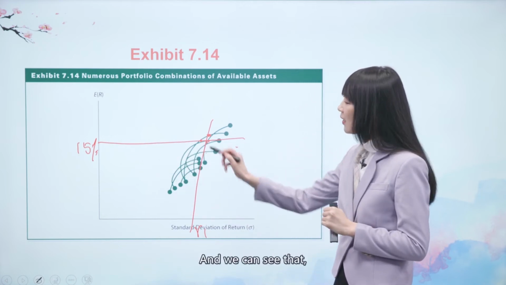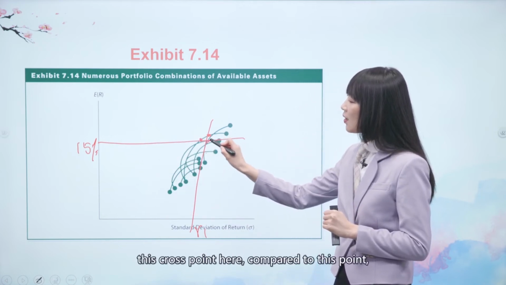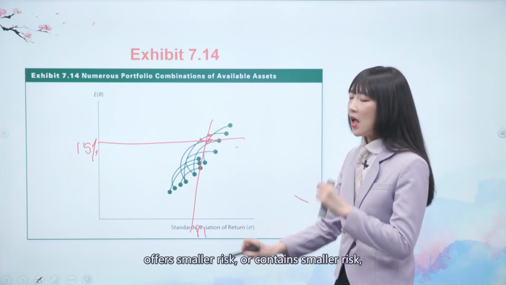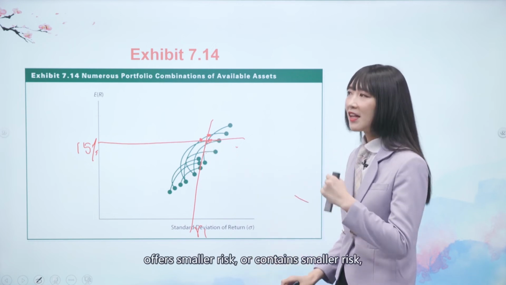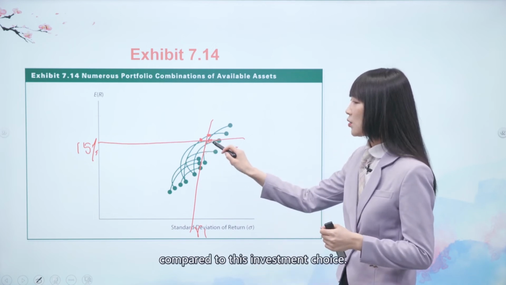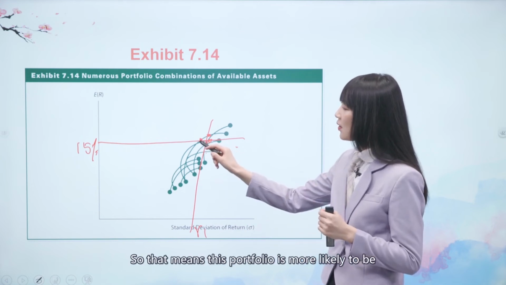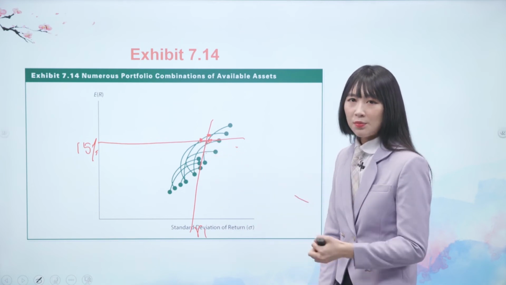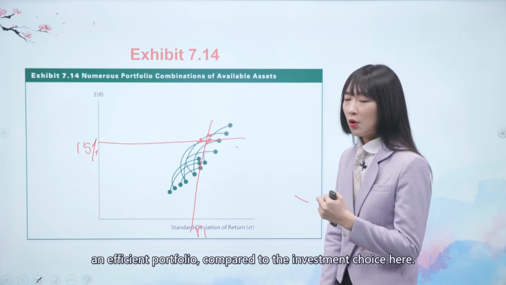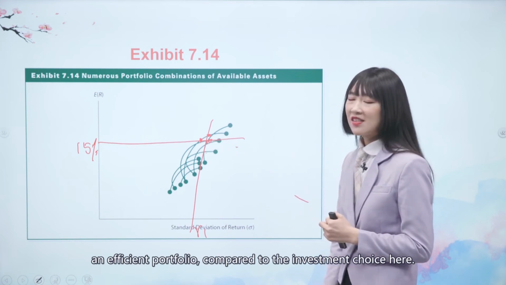And we can see that this cross point here, compared to this point, contains smaller risk compared to this investment choice. So that means this portfolio is more likely to be an efficient portfolio compared to the investment choice here.